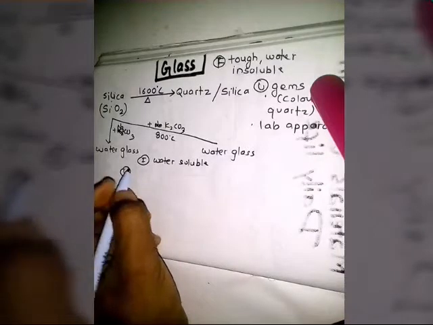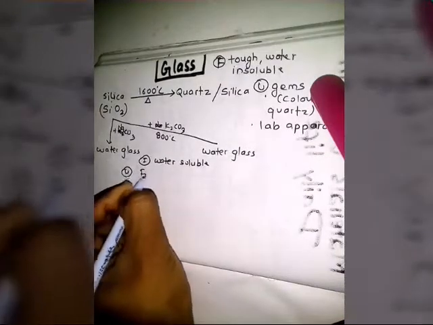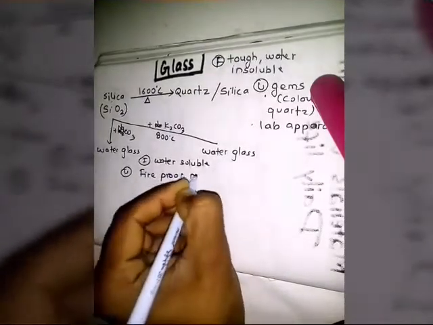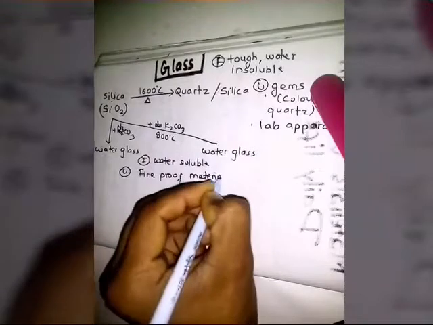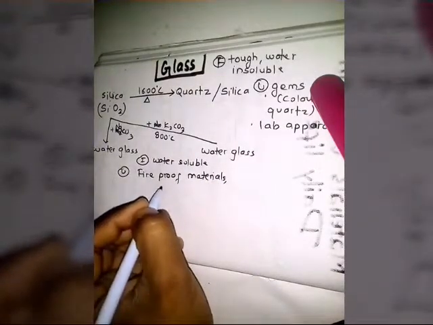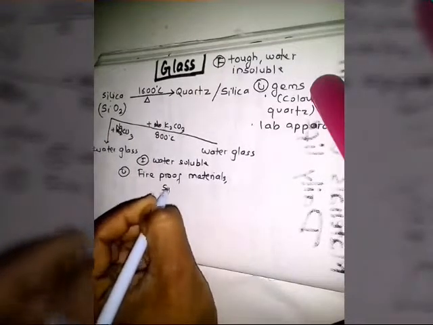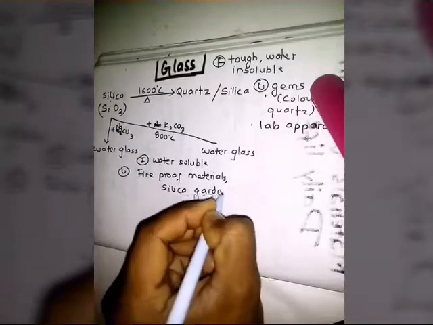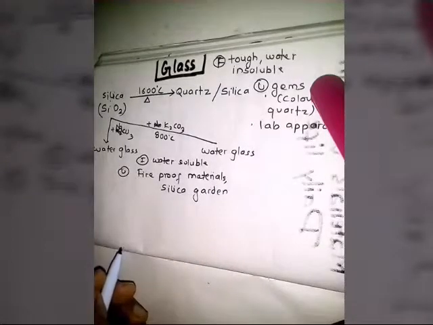The glass is used for making fireproof materials. And the next use, it is used for making a silica garden, or we also call it a chemical garden.